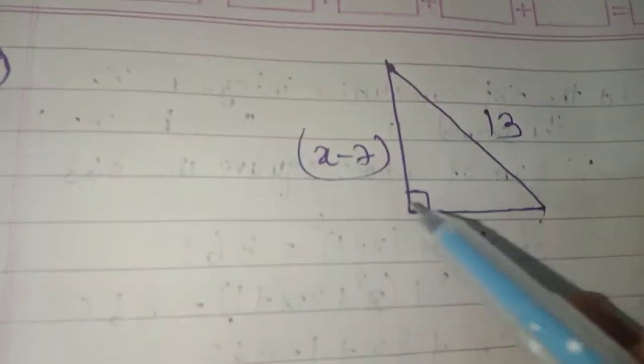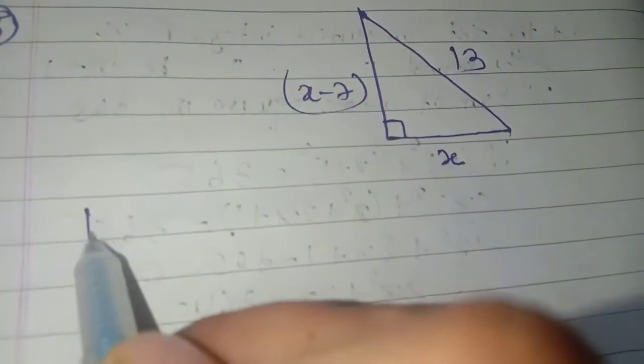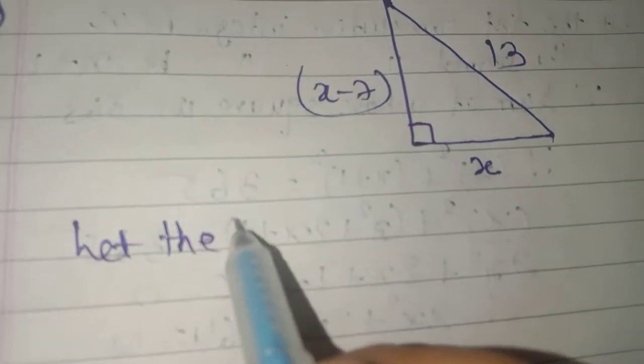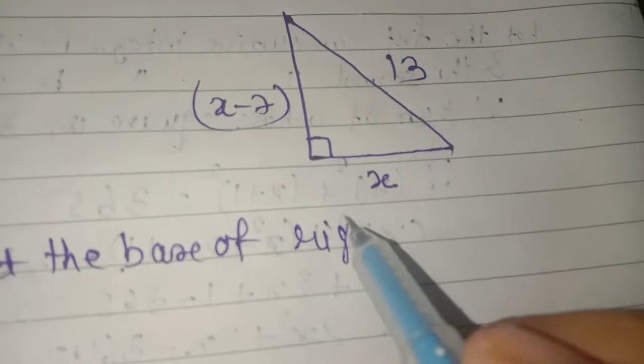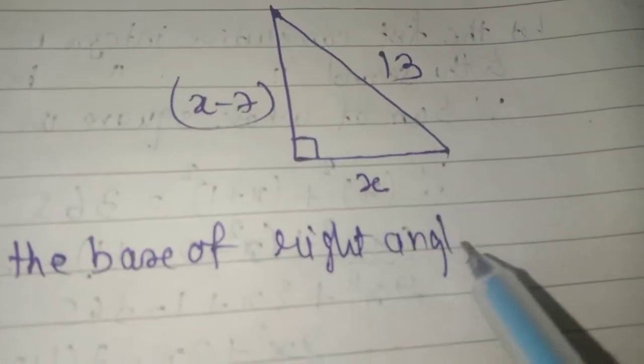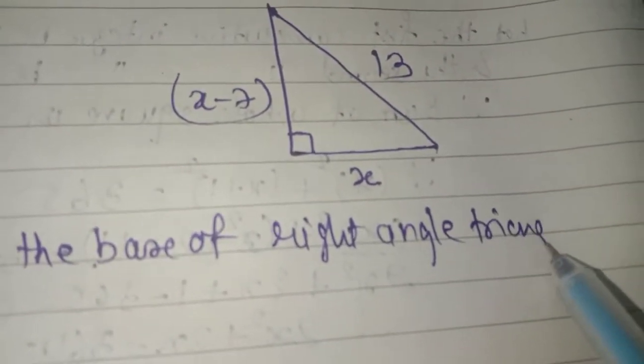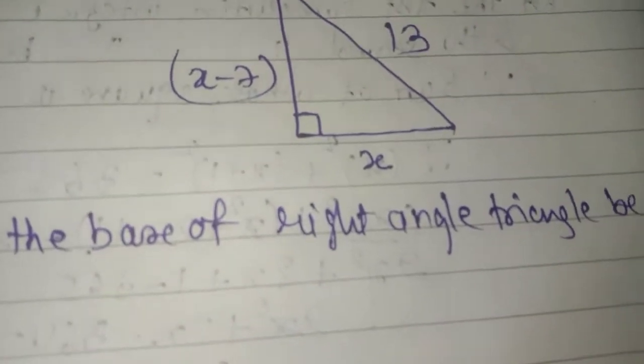Okay, so how to make the equation now? We will write: let the base of the right angle triangle be x.